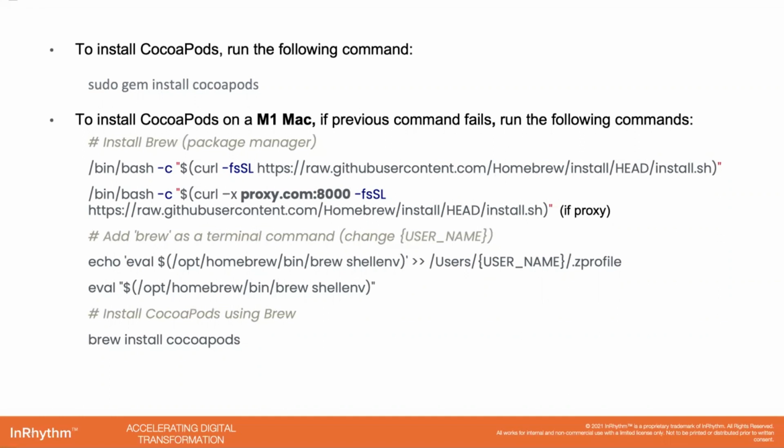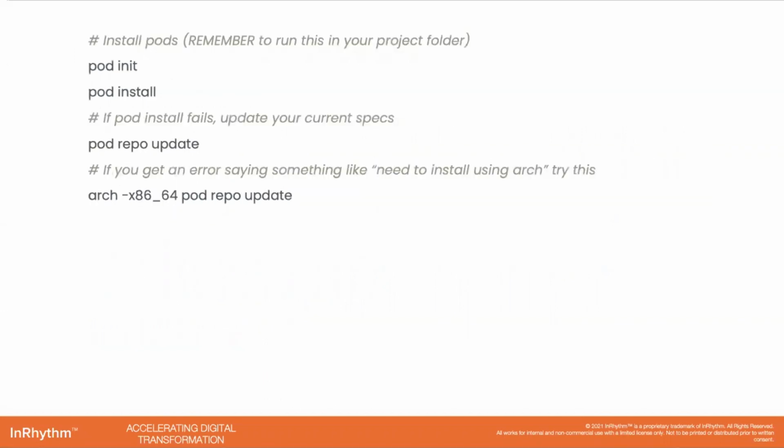Finally, you can run brew install cocoapods, and that should install CocoaPods. You can also run which pod to make sure that CocoaPods is installed. After CocoaPods is installed, you can navigate to a project folder and run pod init, which creates a Podfile.